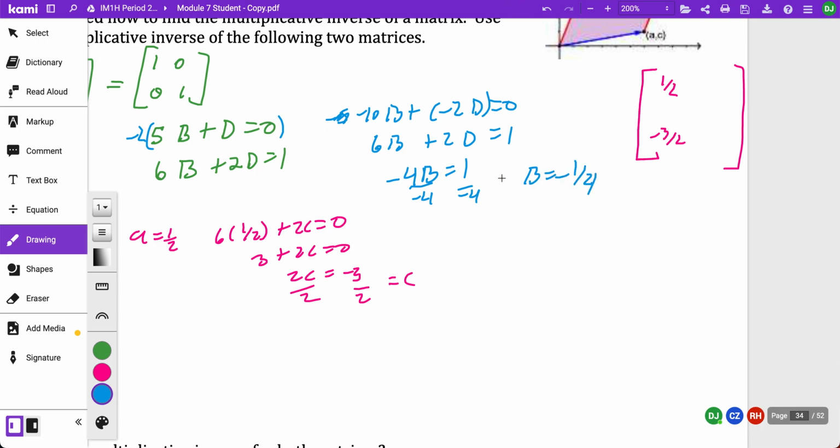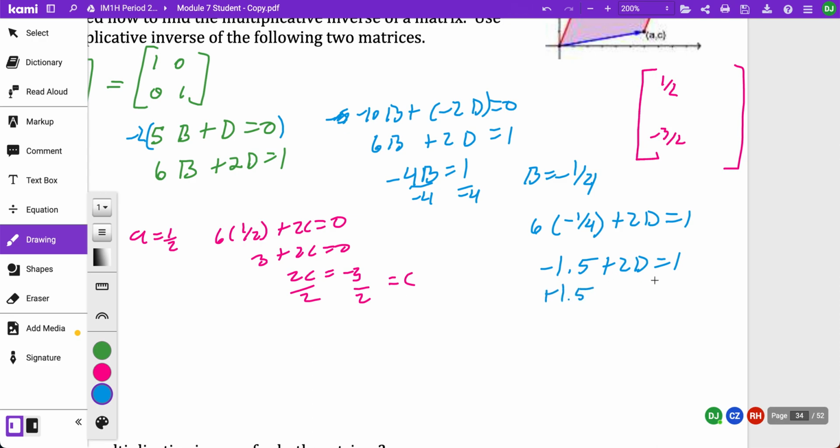And now I look at these, I'm going to plug in B here. You can plug it in either the top or the bottom. I just like the even part better, so I'm going to plug it into the 6B plus 2D equals 1. Either would work. So this would give me 6 times -1/4 plus 2D equals 1. 1/4 of 6 is -1.5 plus 2D is equal to 1.